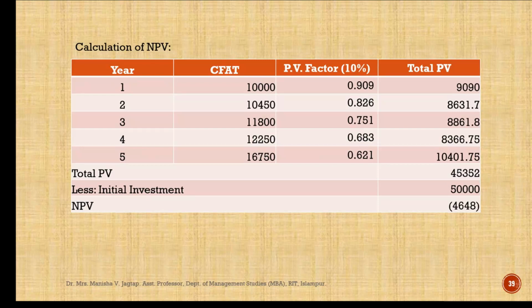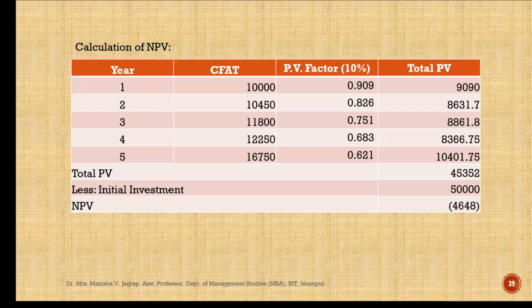Next column is the present value factor, which is again given in the example. And now next is total present value. So total present value we have calculated by multiplying the present value factor by cash flow after tax. So multiplication of the second and third column gives us the total present value of cash inflow.